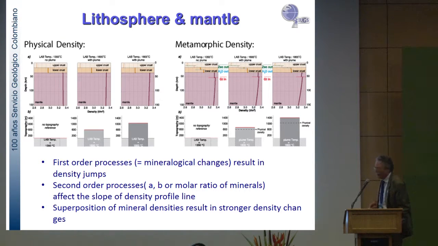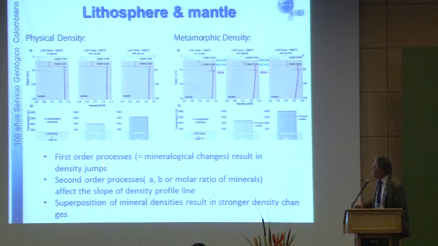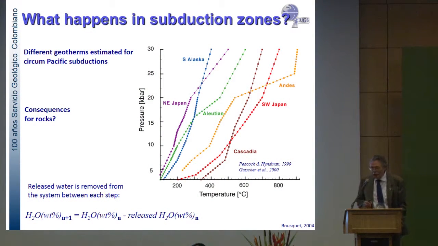And of course, if we have a jump in density, as I demonstrated before, we have significant changes in wave velocities as they are detected by our colleagues from geophysics. So we have density jumps, we have density profile lines. The densities decrease much faster, so the uplift is higher. And of course, the correlation between these two parameters is much stronger than you would expect from a very simple model.